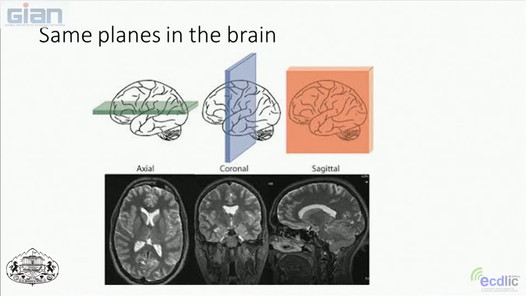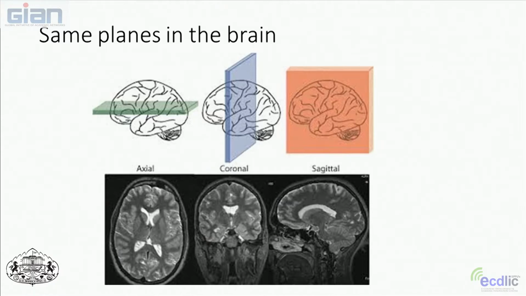So again, the axial would cut this way. And here in the figure, you can see the ventricles quite clearly in that figure. The coronal plane is basically cutting off the face. So it's the up and down this way. And the sagittal is the symmetric plane of cutting right in half.